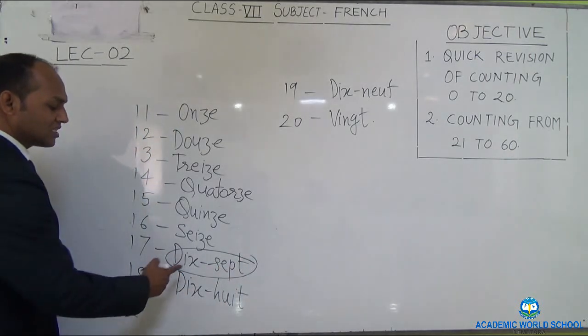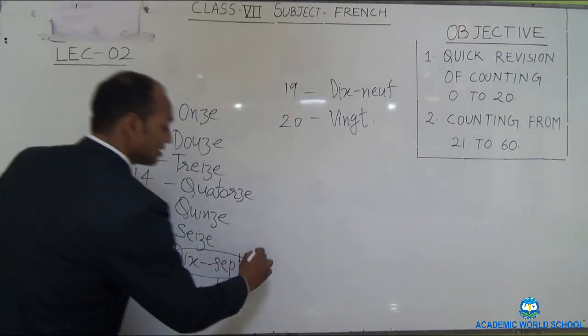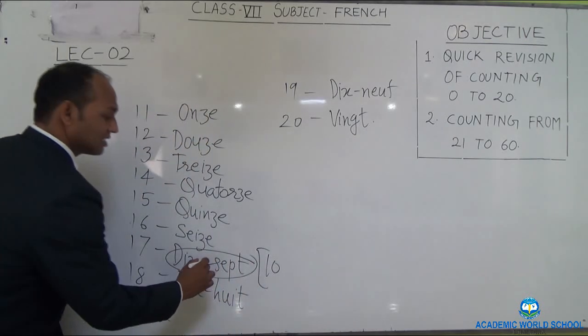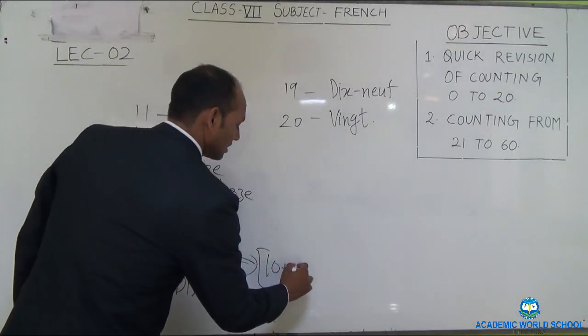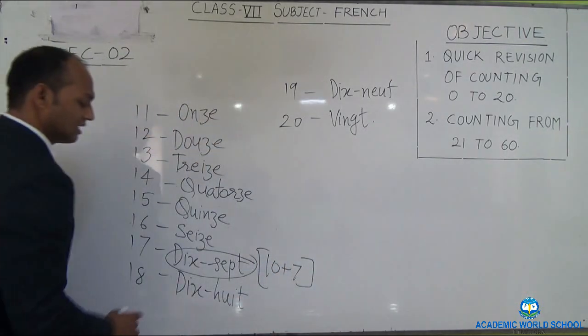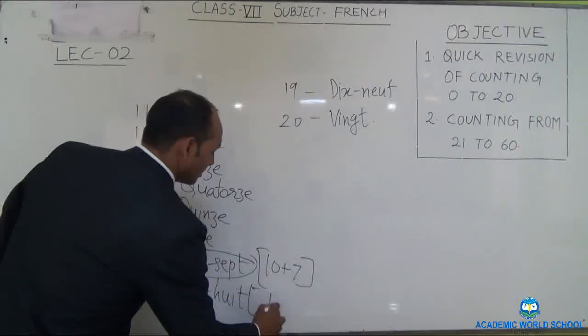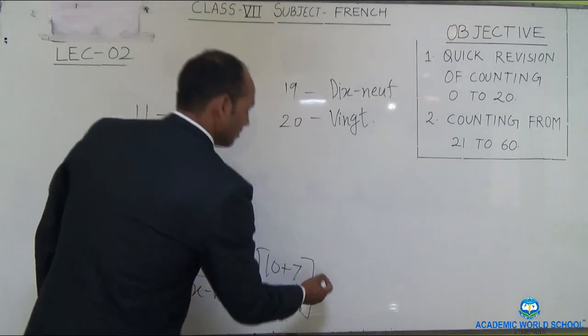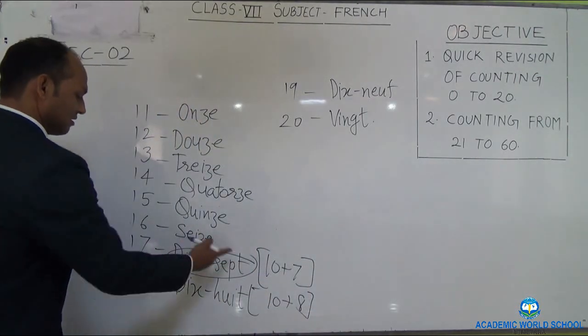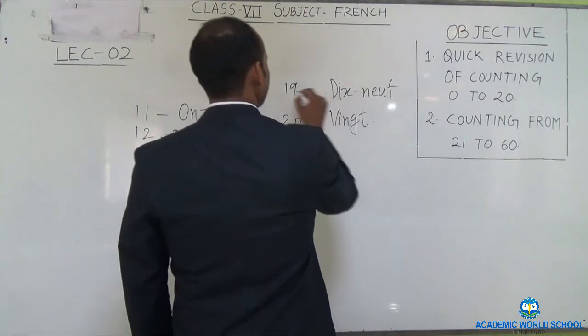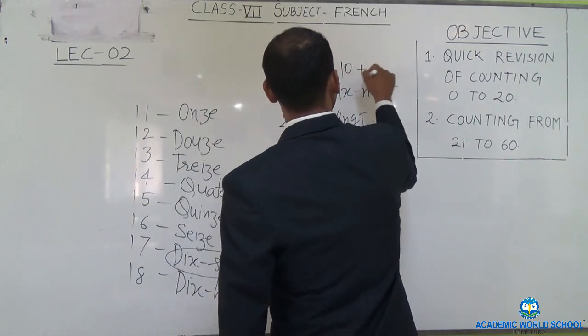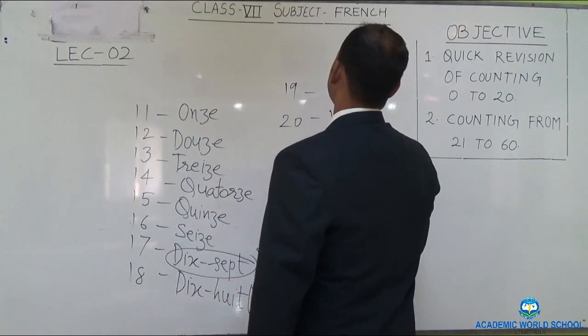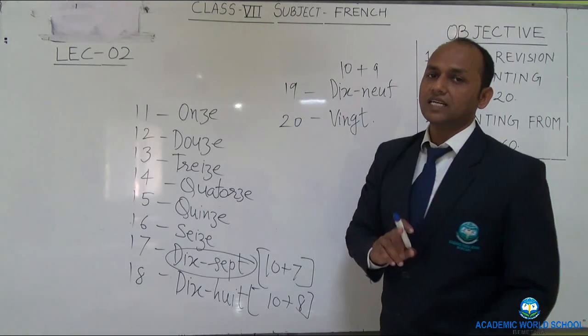You can see these mean 10 and 7, 17; 10 and 8, 18; similarly 10 and 9, it shall be 19.